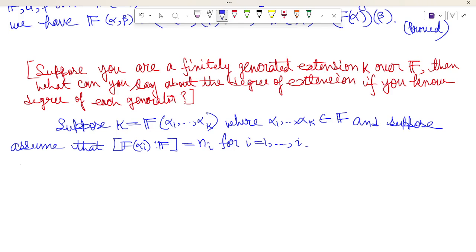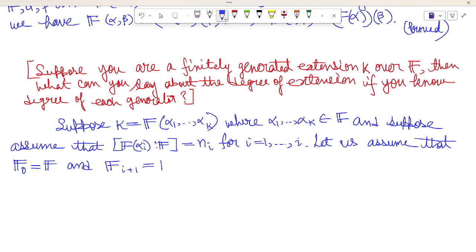First, let me assume F0 equals F and F1 equals F0 alpha 1.